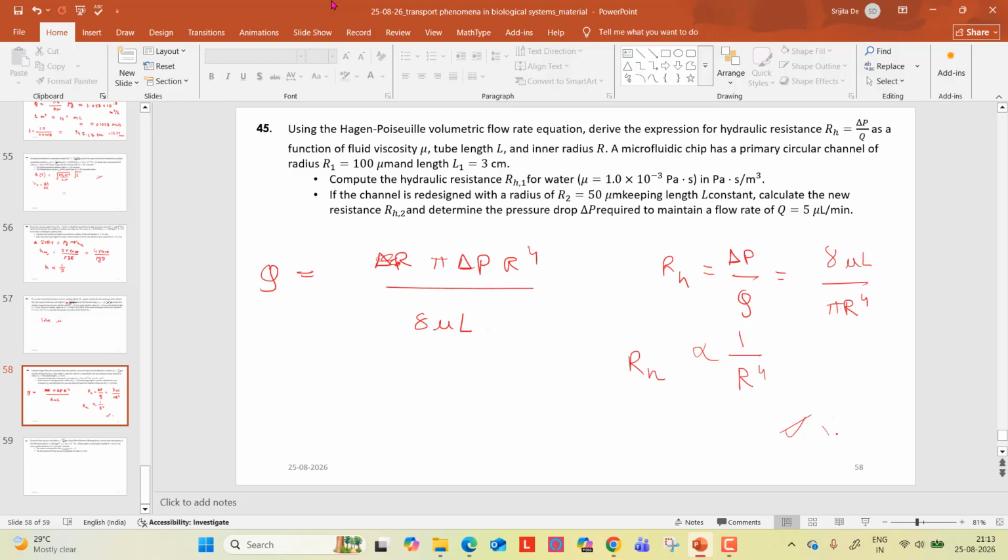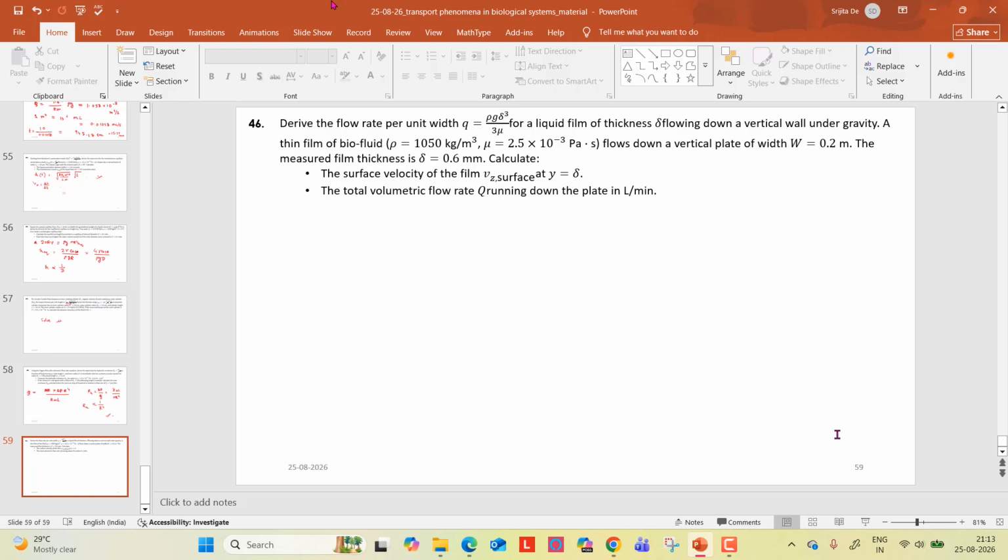Everything is given. Next, derive the flow rate per unit width for a liquid film of thickness delta flowing down a vertical wall under gravity. So the expression I have shown you initially, what was the expression for U for a vertical film?